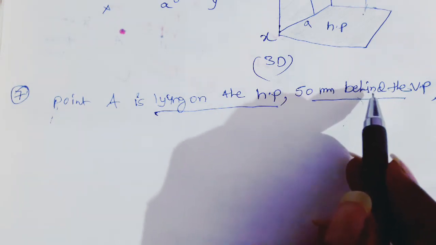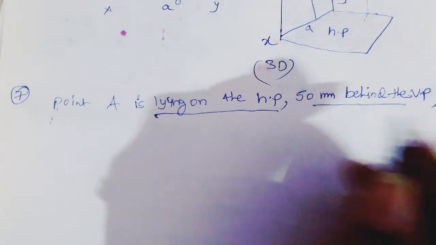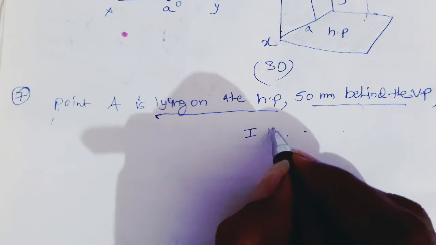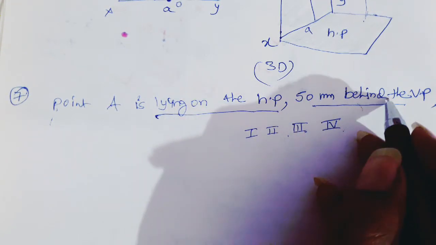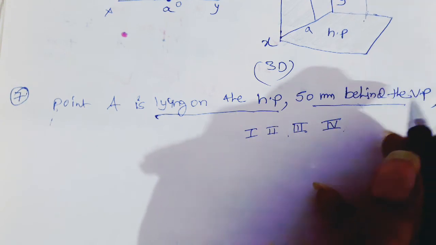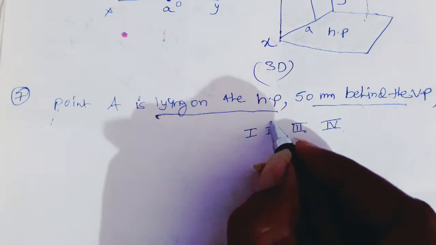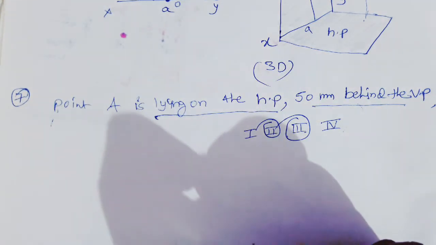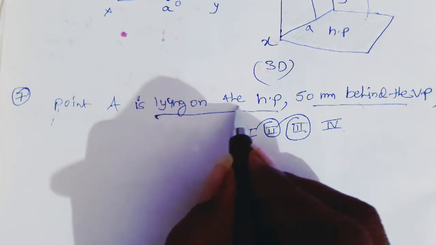See, behind, in which quadrant will the position of a point come? First quadrant, second, third or fourth? Behind the VP is given. Behind the VP, it may be in second or third, we don't know. And one more condition is given: lying on the HP.